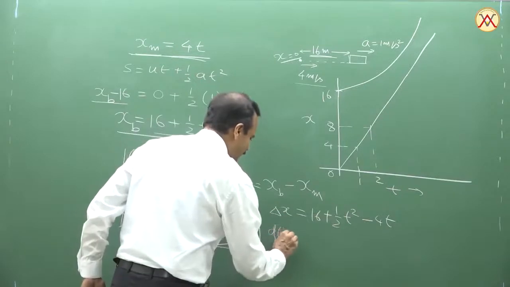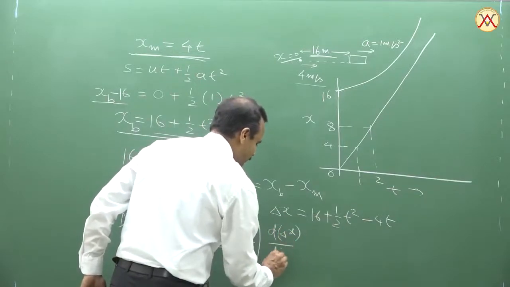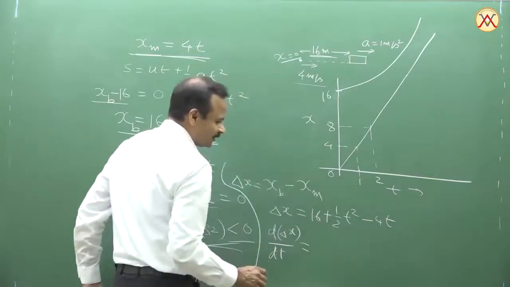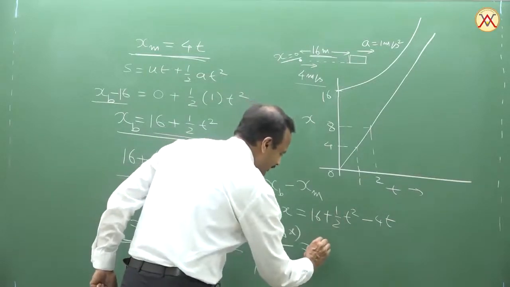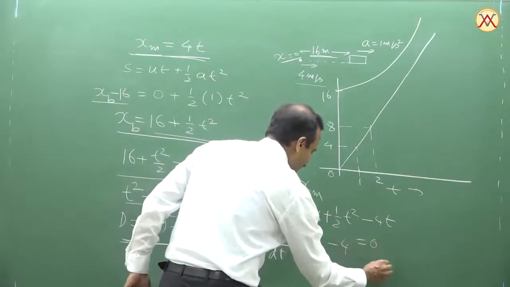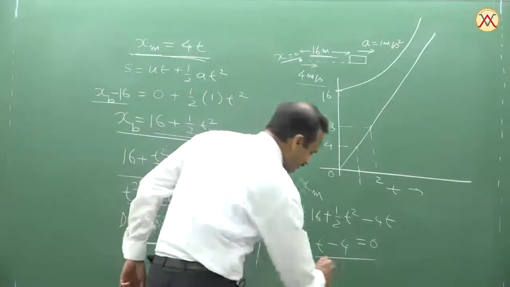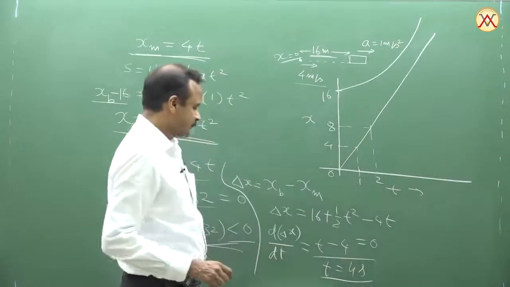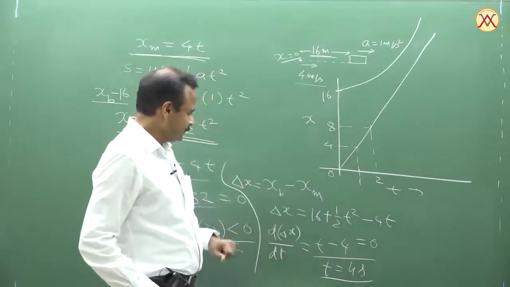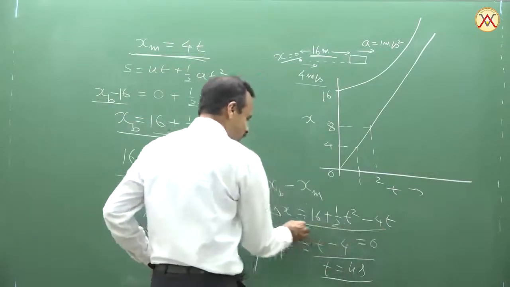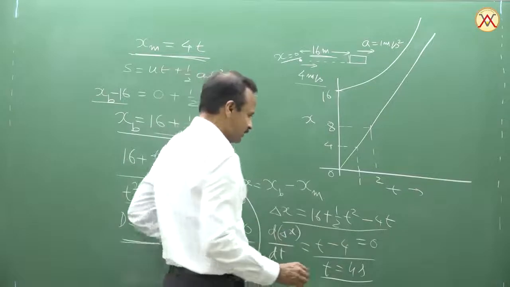So derivative of delta x by dt gives us 16 is a constant, t square by 2, it will be simply t minus 4. If we put it equal to 0, so the separation will be minimum at t equal to 4 seconds. We can find the minimum value of delta x just by putting 4 in this expression.